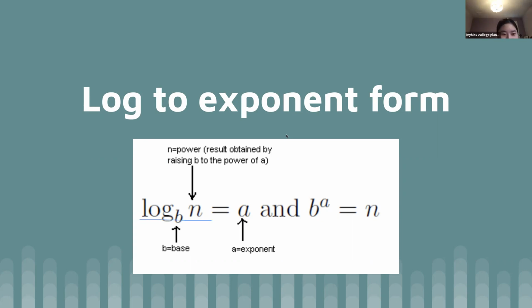An example is log base 2 of 3. It's just a simple example, and then we want to change it to exponent form.